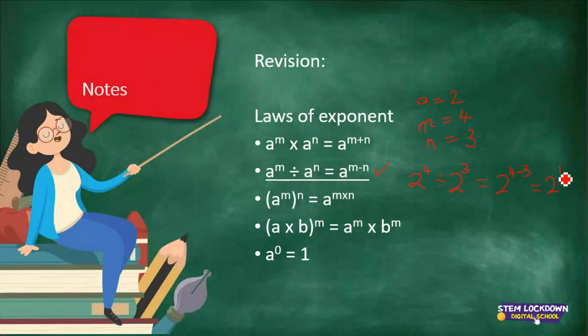Let me give you another example. Let's say again my a is equal to 2. Now let me swap it around. Let me say my m is equal to 3 and my n is equal to 4.